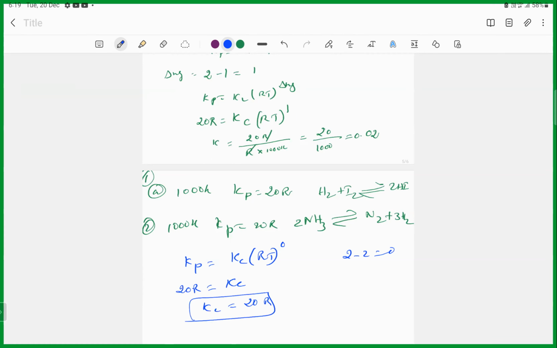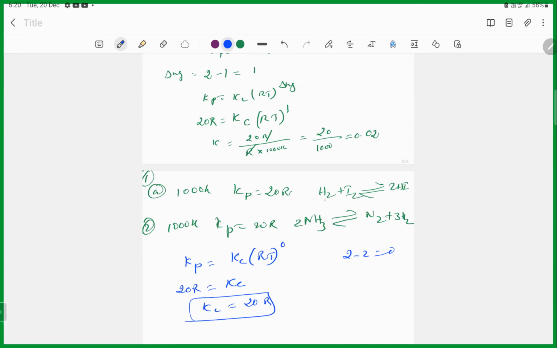The second reaction. Please involve in the discussion. அப்பதான் learn பண்ண முடியும். Do the calculation. Sir, doubt, sir. Yes. Sir, delta n ல வந்து ஏன் சார் 2 minus 2 minus 2 என்று மைனஸ் பண்றாங்க?